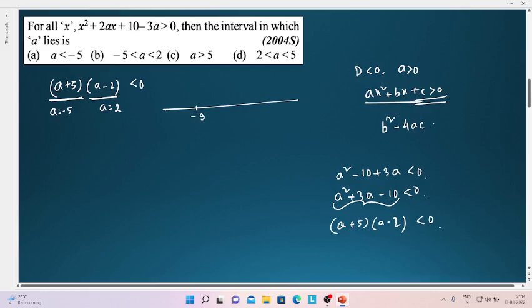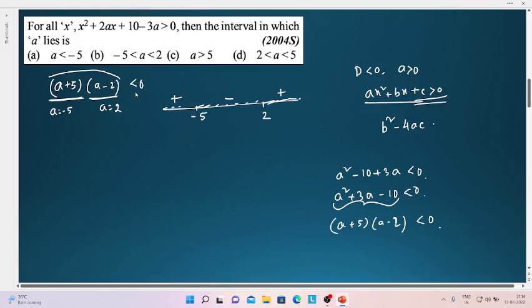Minus 5 will be somewhere here and 2 somewhere here, and if we apply the wavy curve method, this part will be positive, this part negative, and this part positive again.